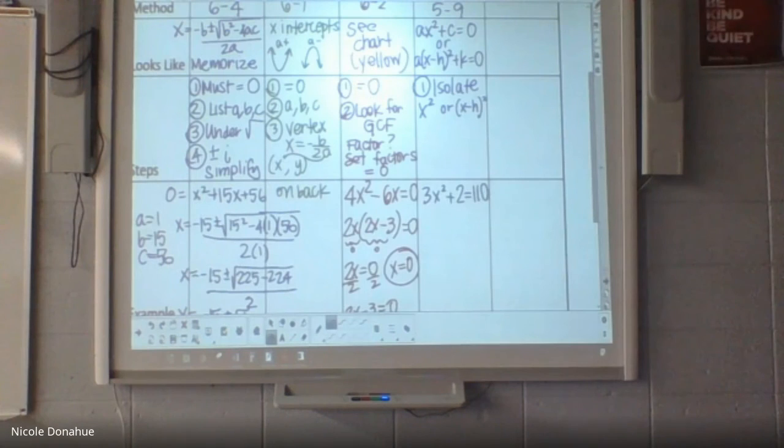3x squared plus 2 equals 110. I'm going to isolate what's being squared, so I'm going to get that x squared alone.